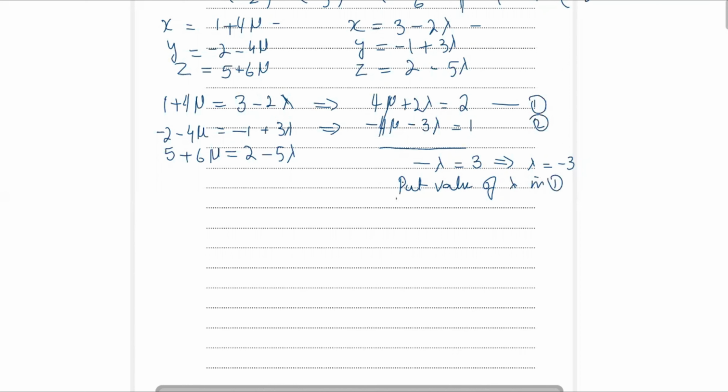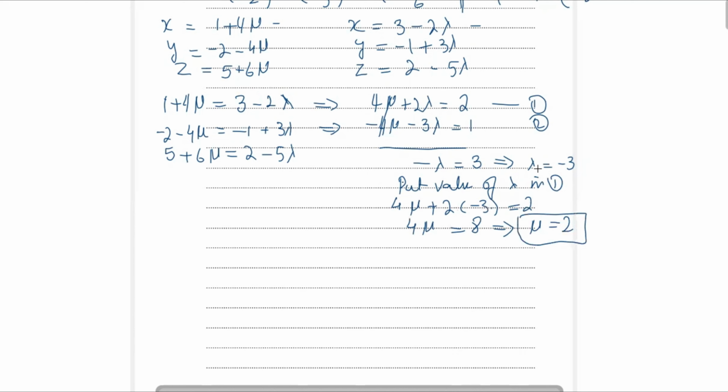We get 4 mu plus 2 into lambda, which is minus 3, equal to 2. We can write it as 4 mu equal to 2 plus 6. 2 minus 6 becomes right side. When you shift left to right side, that becomes plus 6. Now that's equal to 8. Now mu will be equal to 2.